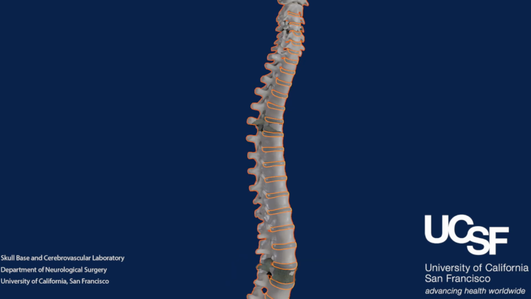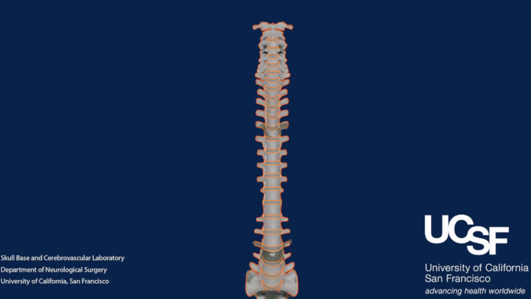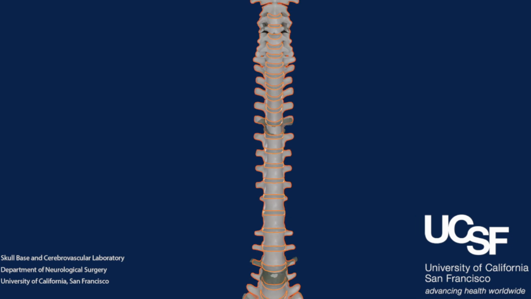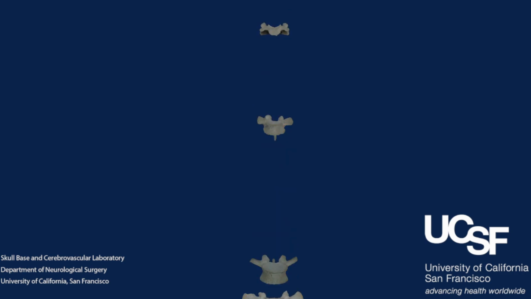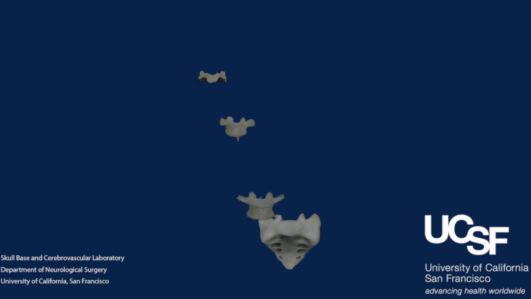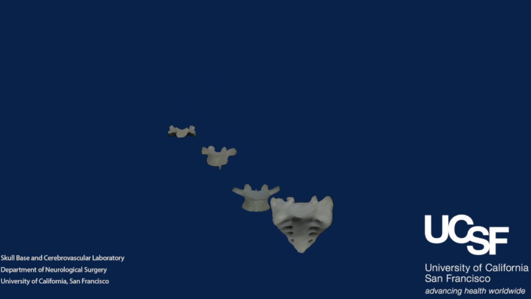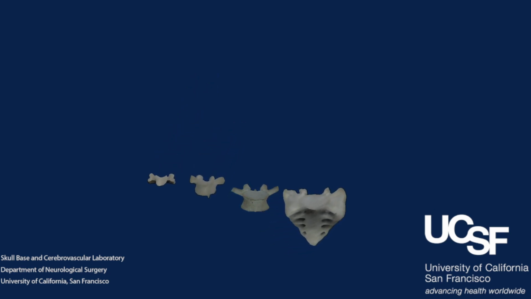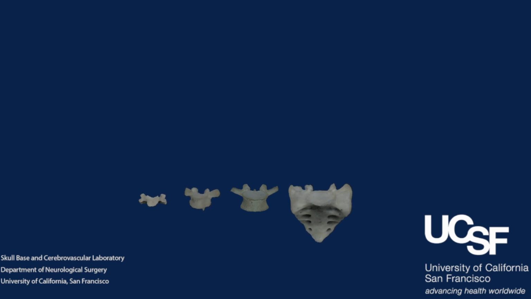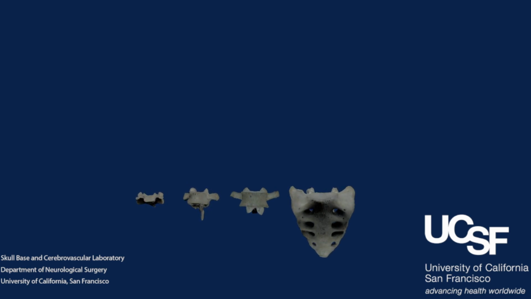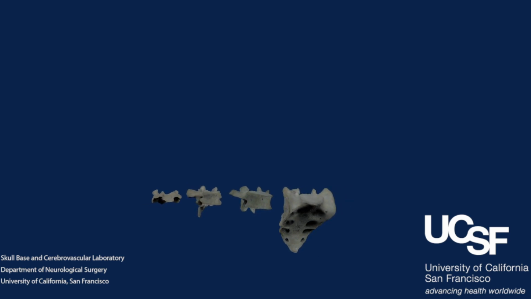Now let's go over the vertebral structures. In order to properly visualize these structures, we're going to isolate the typical vertebrae and put them side by side. It is important to remember that there are junctional vertebrae that are going to have characteristics of both the upper and lower regions.